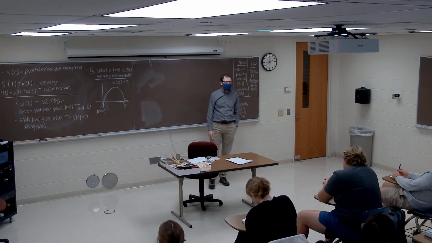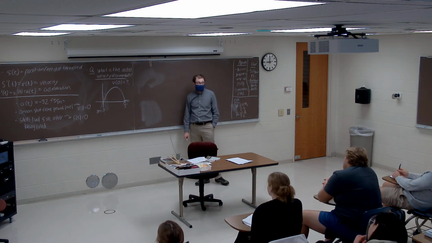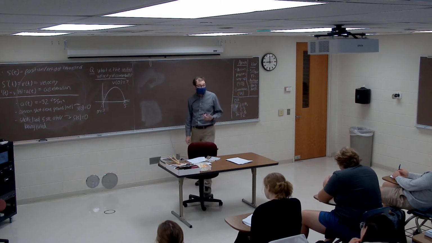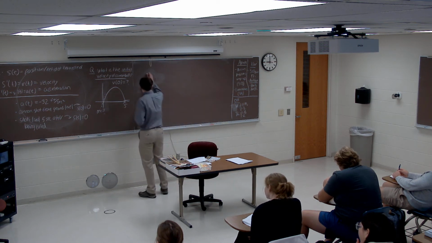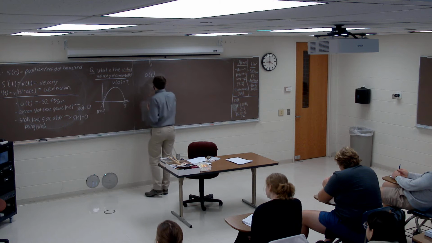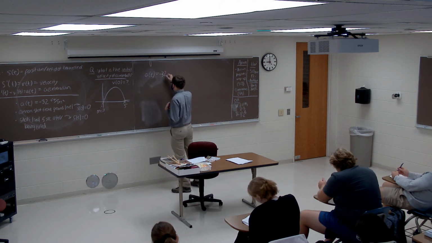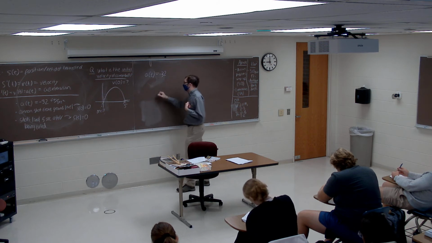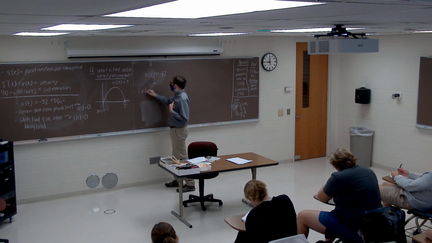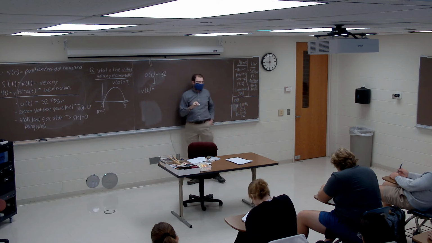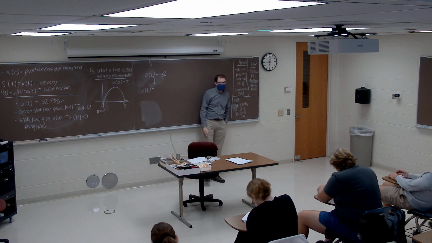Okay, so I think we can start with an approach similar to what we did at the end of class on Monday. We can take our acceleration function, A of t is negative 32. How can we use it to find a formula for velocity?